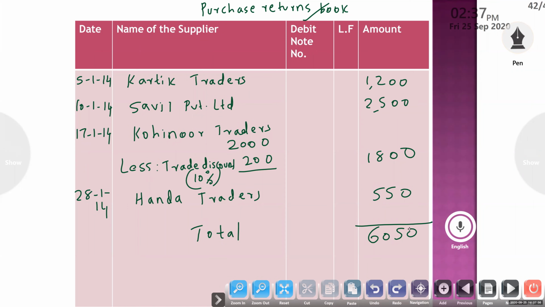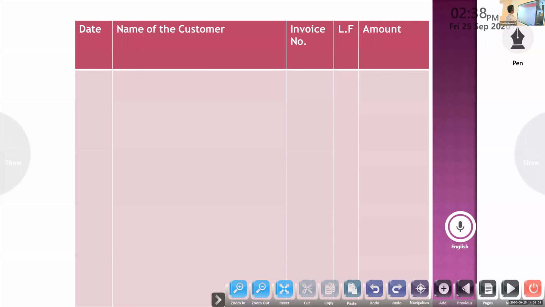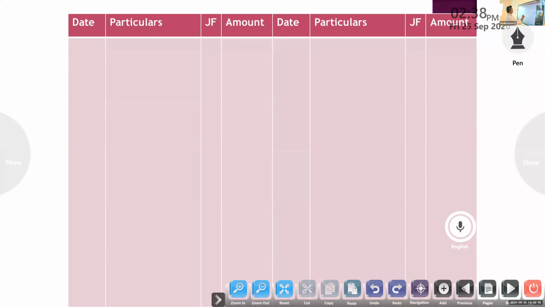Okay, suppose we prepare the ledger. First, the purchase return account. Purchase return is every time credit only.